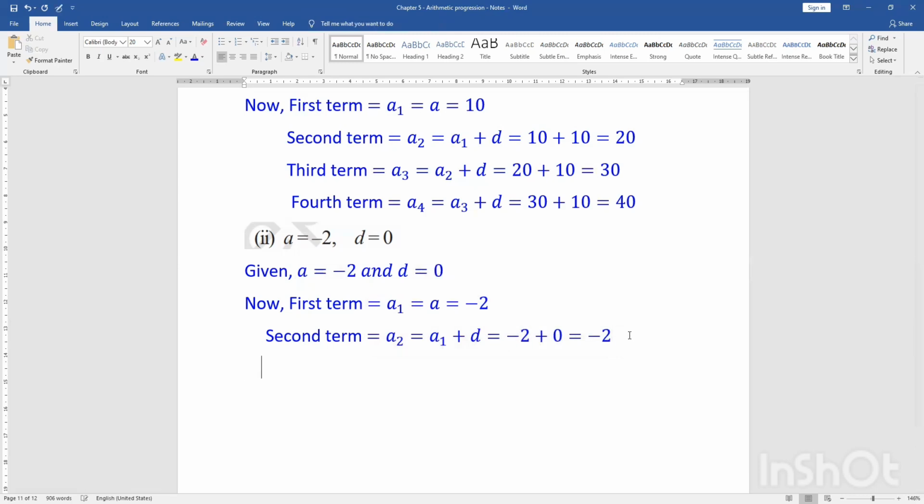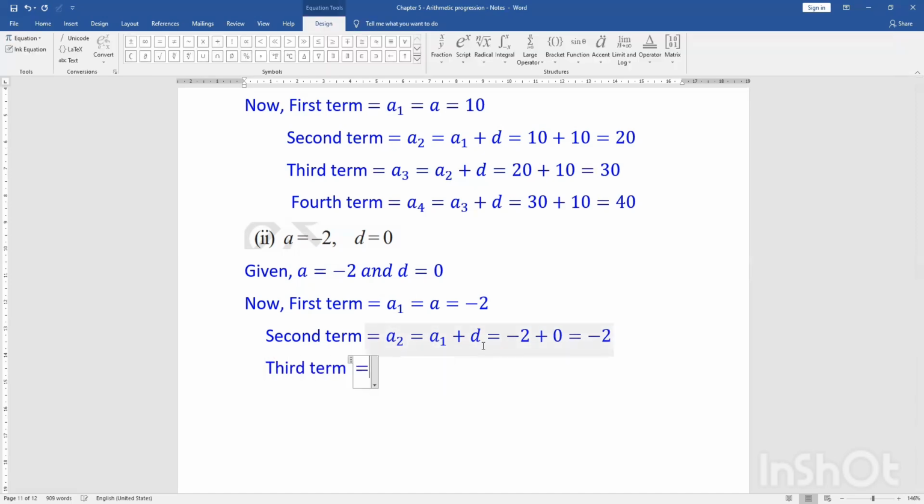And now we have the third term, which is A3. So A3 will be nothing but A2 plus D. So we have A2 plus D, which is nothing but -2 plus 0, which will again give you -2.